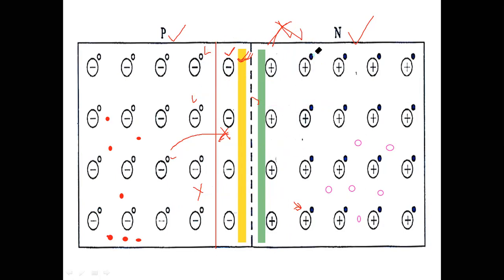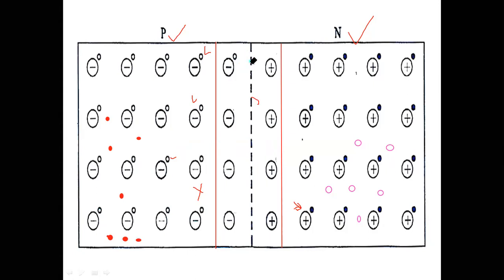So here at the junction I have a net positive charge on one side and a net negative charge on the other side.